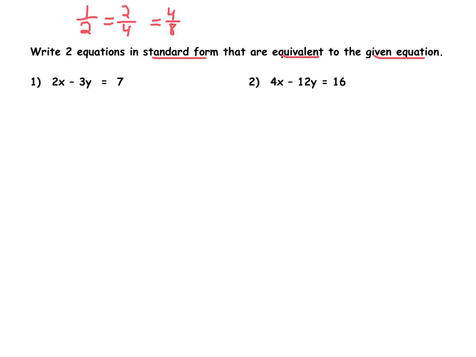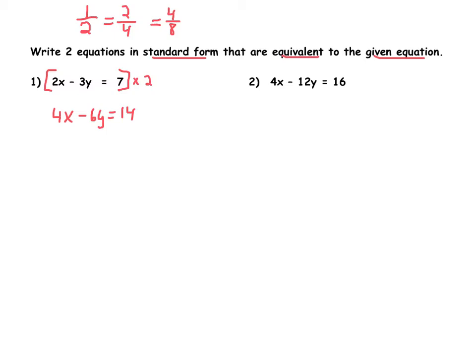So if I have 2x minus 3y equals 7, so write that down, and I multiply everything in that equation by 2, I get 2 times 2x is 4x, 2 times -3 is -6y, and 2 times 7 is 14. These are equivalent equations. They're the same.